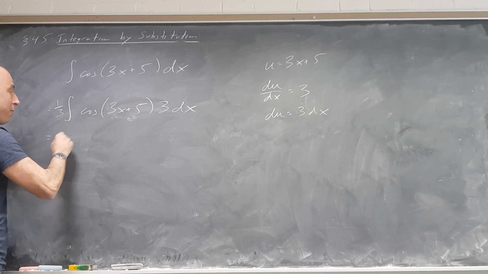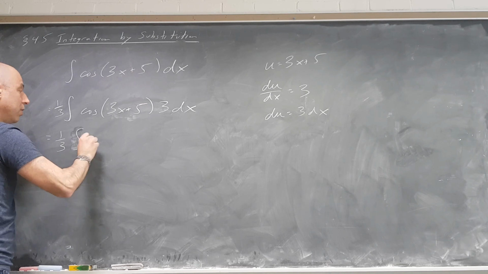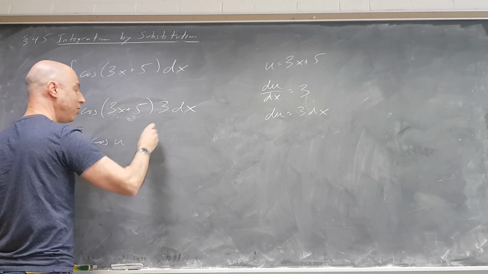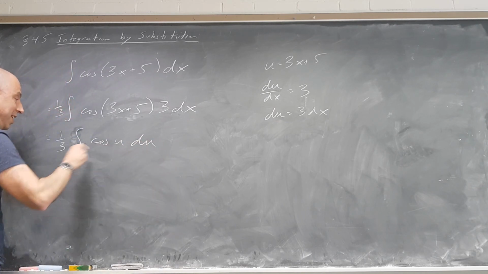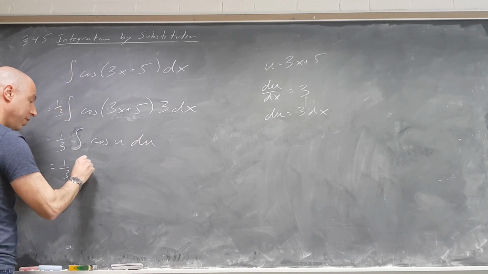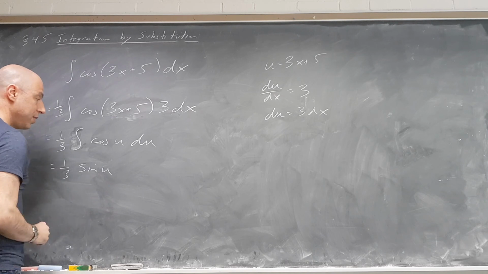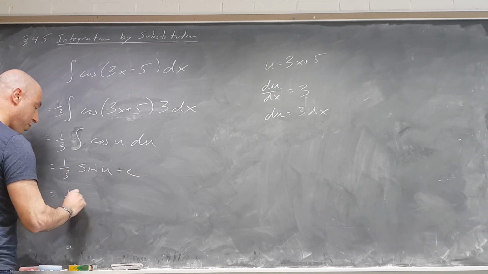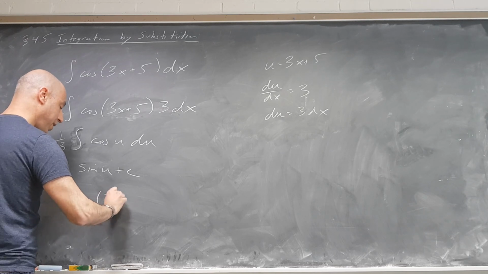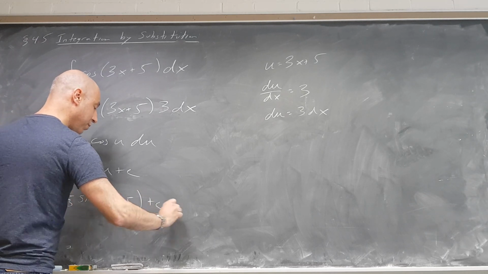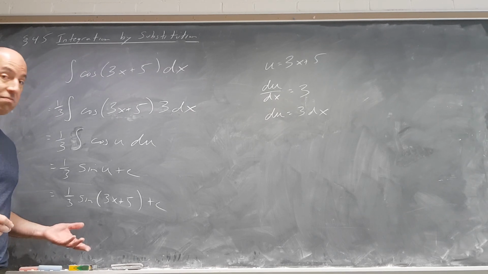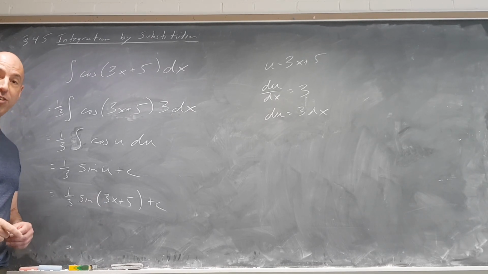So this is 1/3 cos of u, 3 dx is just du. That's an easy antiderivative, 1/3 sine of u plus a constant. In other words, 1/3 sine of (3x plus 5) plus a constant. So hopefully this method makes sense. If it does, you've got integration by substitution.